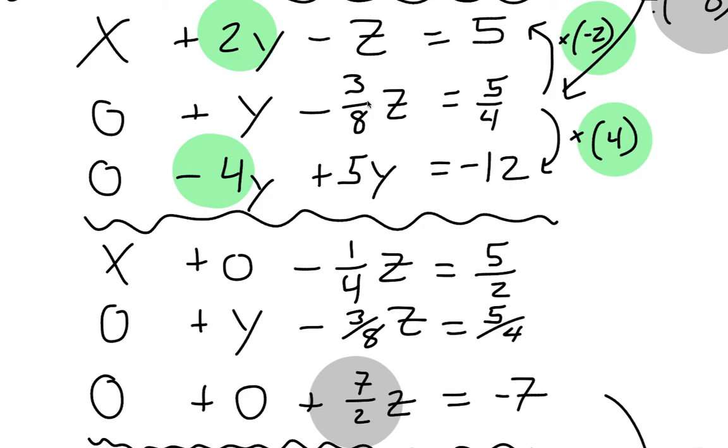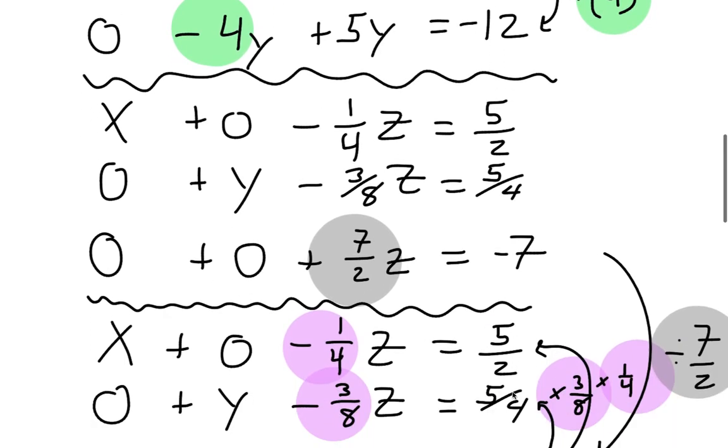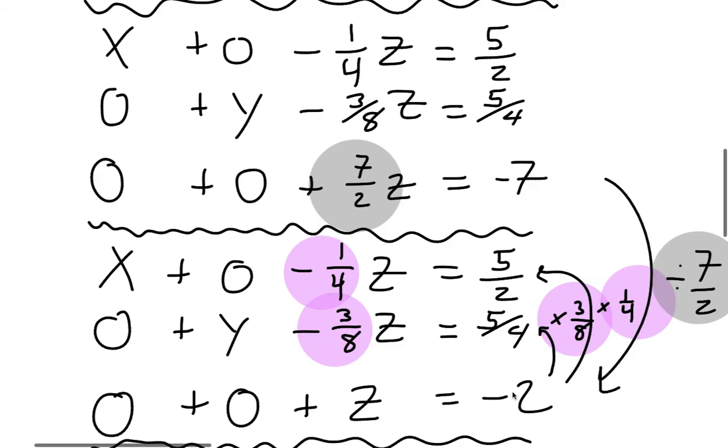Negative 3/8 z times positive 4 is negative 3/2 z, plus 5z gives you 7/2 z. Then 5/4 times positive 4 is 5, plus negative 12 is negative 7. So I know it looks ugly, but we're going to power through because it's correct so far. I've checked it already.